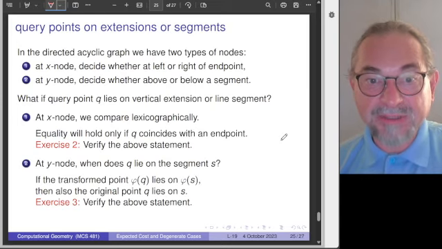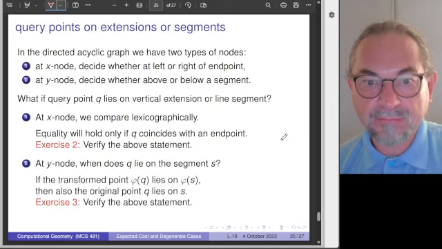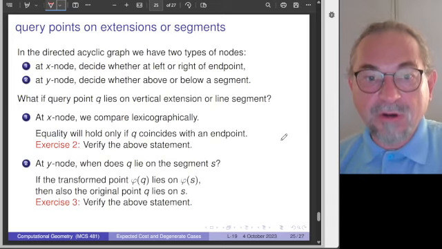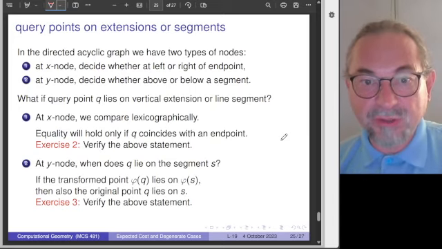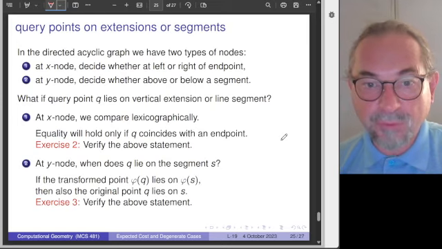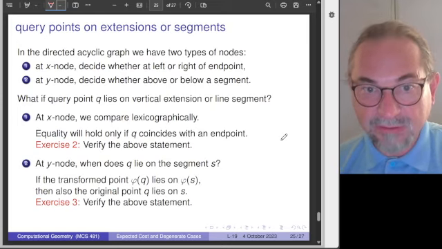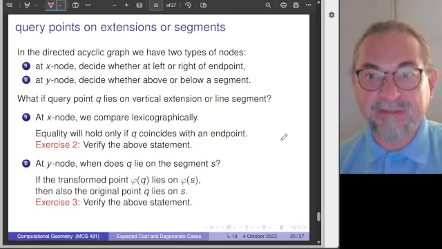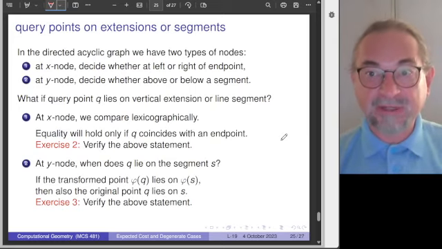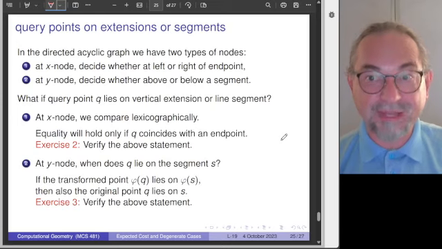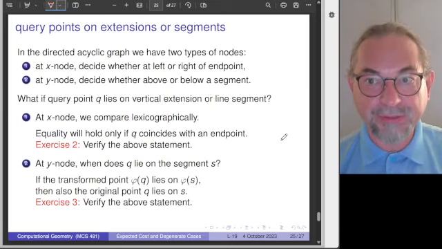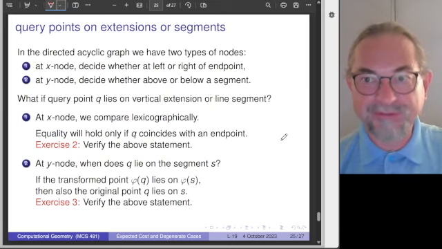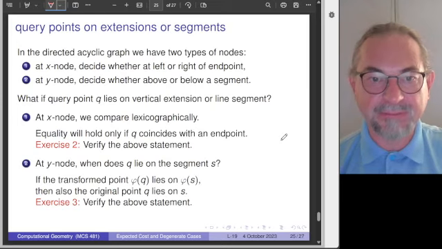What happens when the query point lies on the segment? We have to show that if the transformed point lies on the segment, then that's fine. Then we have found the location of our query point. We are on the road that is represented by that segment.